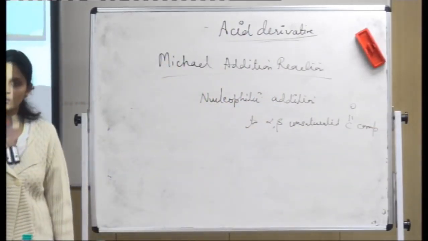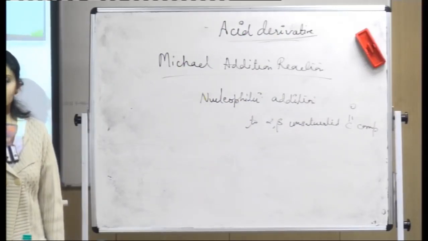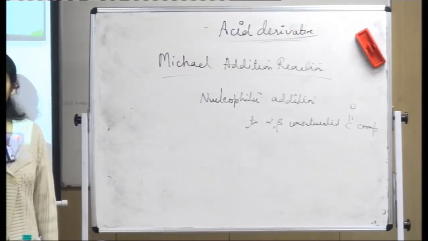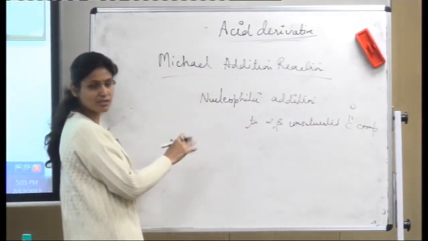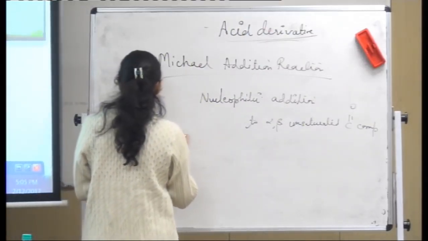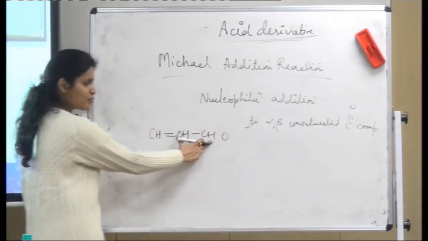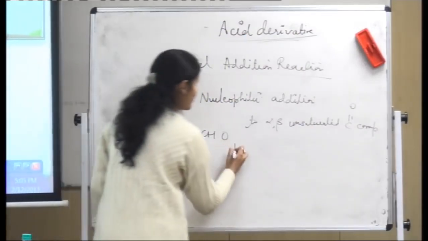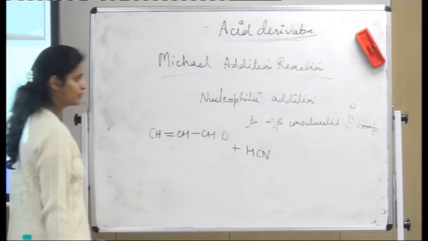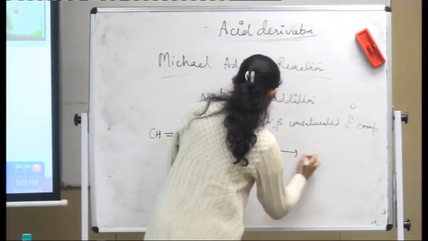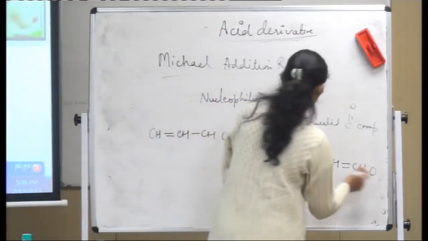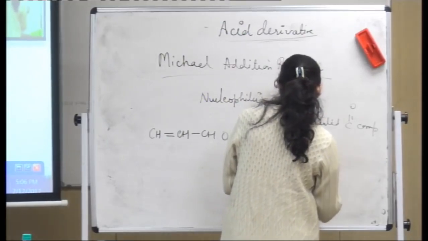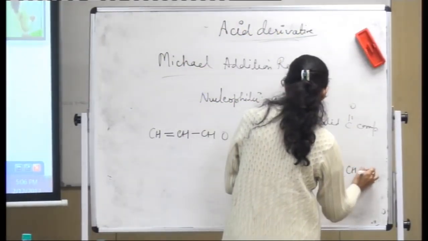Suppose we were having the aldol, right? Having the carbonyl group and an alcohol group, and once it has released the water molecule, what we got was an alpha beta unsaturated carbonyl compound. Whenever an alpha beta unsaturated carbonyl compound undergoes a nucleophilic addition reaction, for example, I am taking acrolein, CH2=CH-CHO, this is a carbonyl group, an alpha beta unsaturated compound, and if I try to add an HCN molecule to it, it will result in the addition reaction, and hence what I will get is NC-CH2-CH2-CHO.